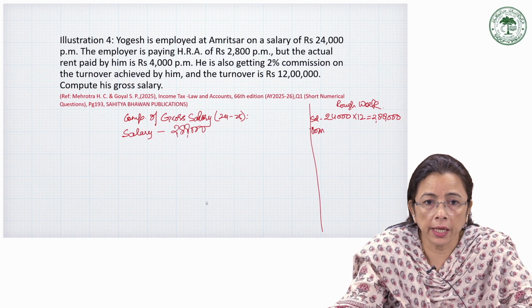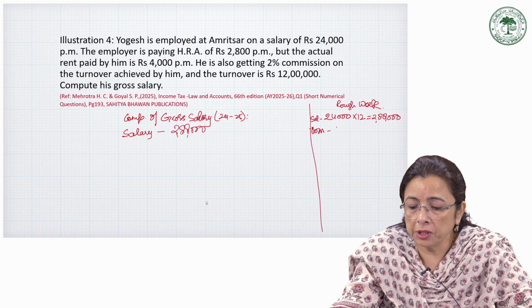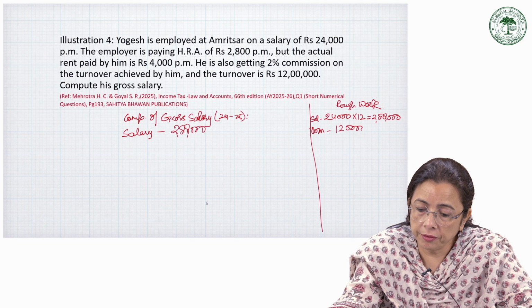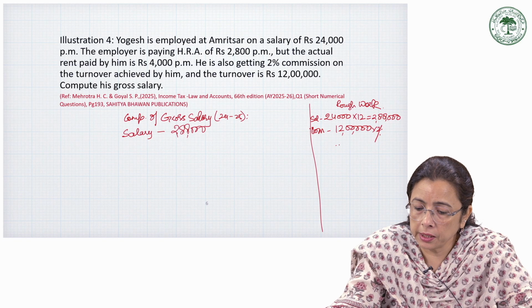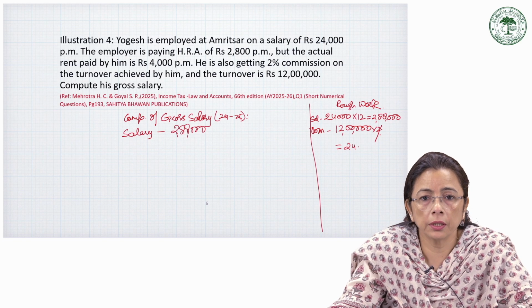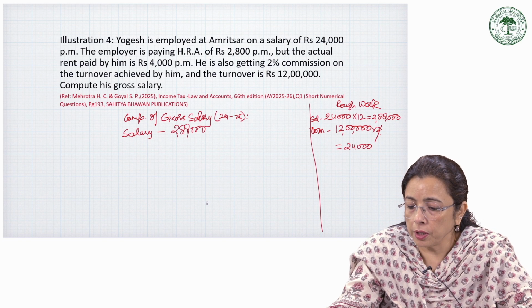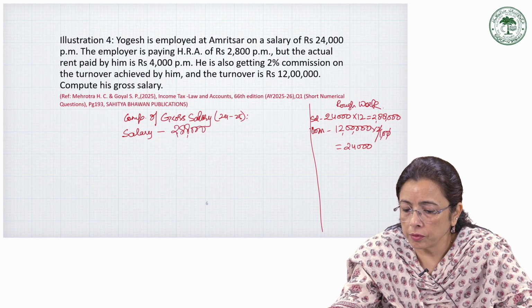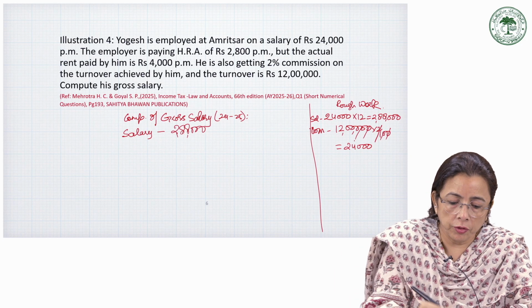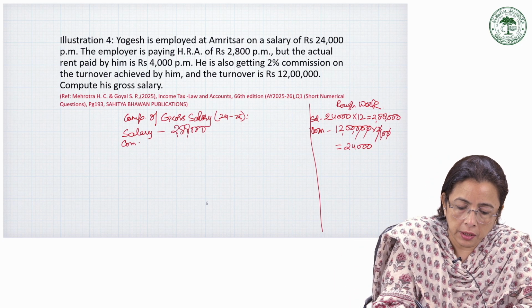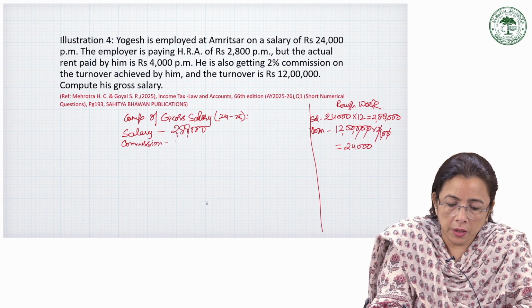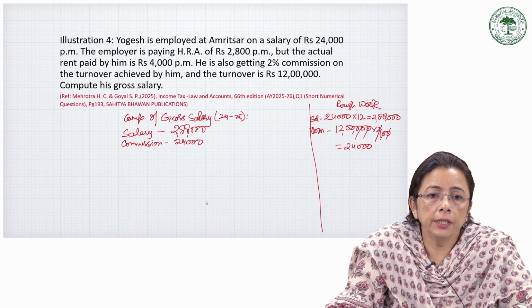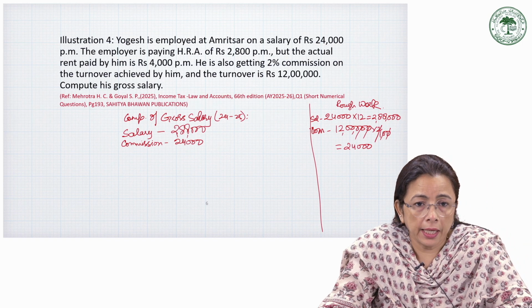Rough work: the commission is on 12 lakh, on which 2% is paid, so 2 lakh 40, it is 24,000. So the second part is commission, it is 24,000 rupees. After that we have the HRA that has to be computed.